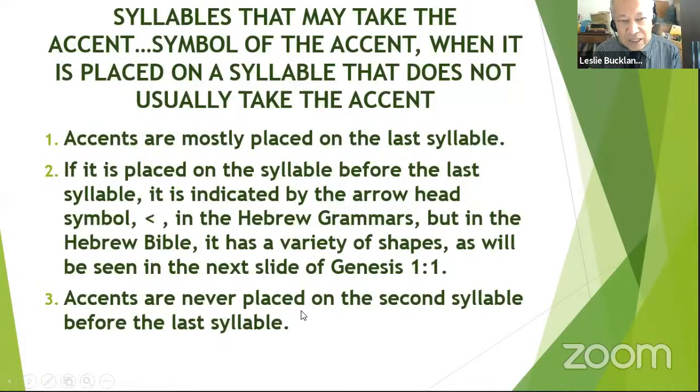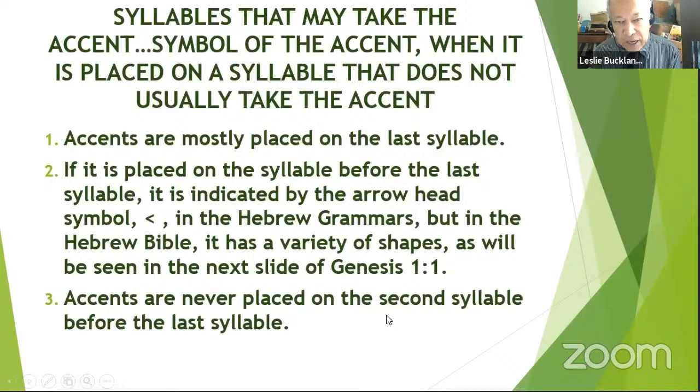You will never find this arrowhead over the first syllable of that word, because an accent cannot go on a syllable that is 2 syllables away from the last syllable.